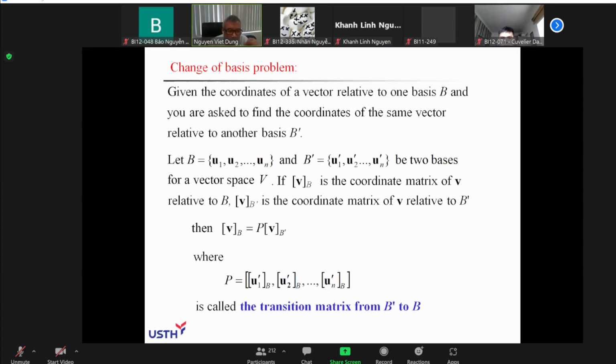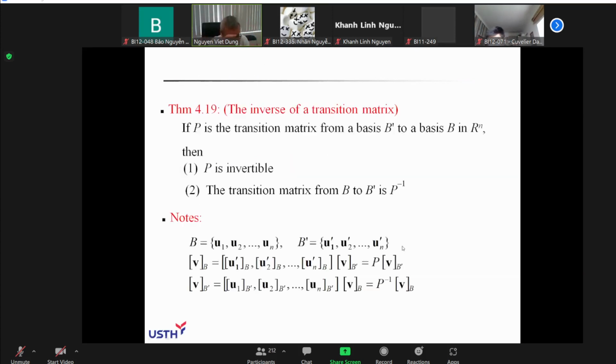So we get that P is a square matrix, and we call it the transition matrix from B prime to B. And because B and B prime have similar roles, whenever we change from the basis B prime to B, we can do a similar thing to change from the basis B into B prime. That is claimed in the following way.